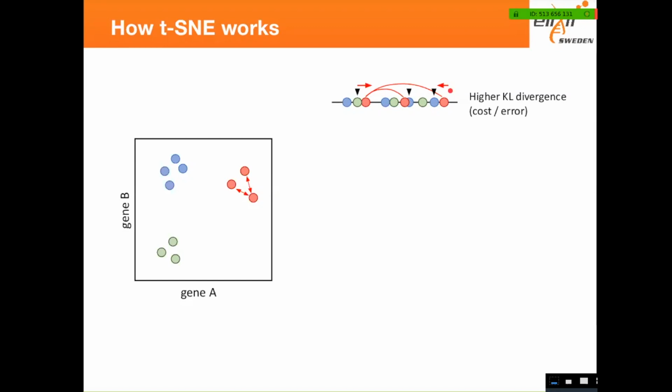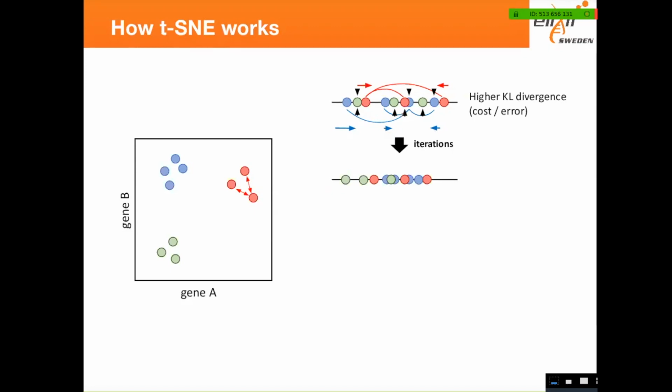But we also have some cells, for example, these green ones and the blue ones here, they are not together here, but they are close to the red ones. So they should be pulled apart from the red ones. So we can do the same thing for the blue ones. You attract the blue ones all together because they are actually close in the multidimensional space. And the other ones will try to be repulsed. And then you do that several times.